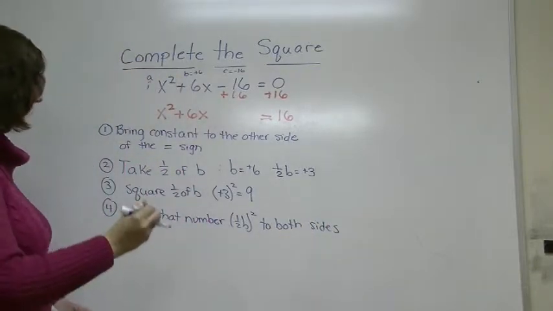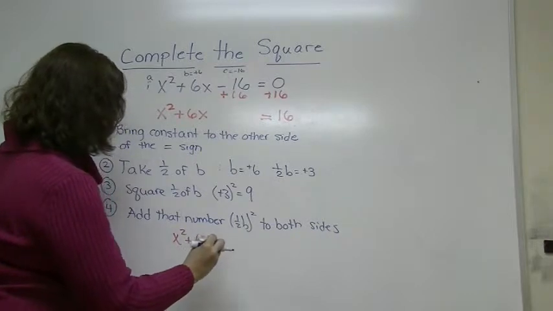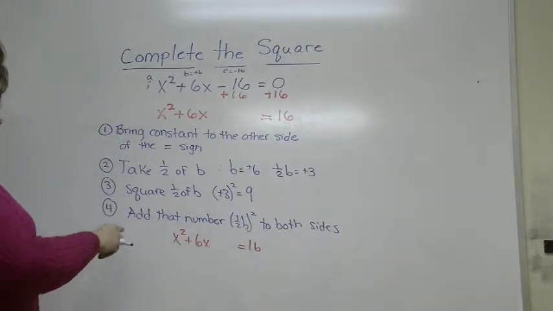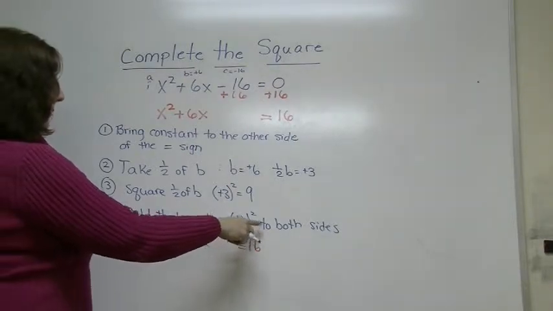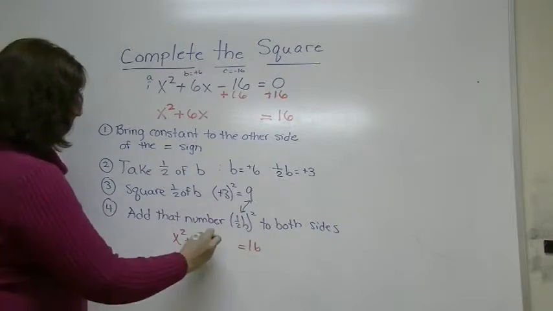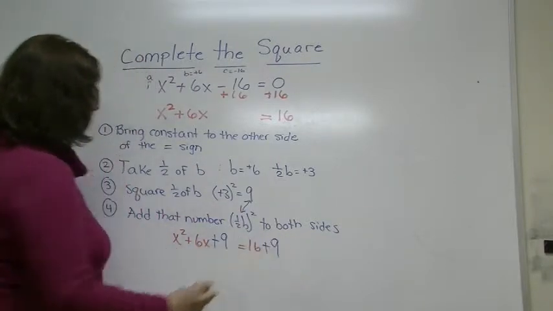So right now I have x squared plus 6x equals 16. Step 4 tells me to add that half of b squared, which is my 9, to both sides. So I'm going to say plus 9, plus 9.